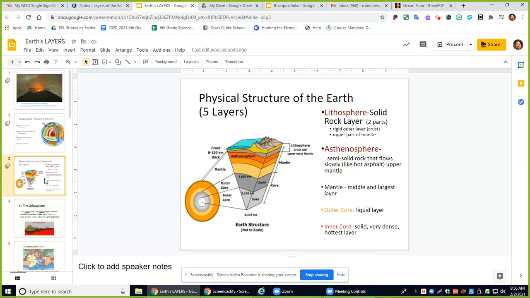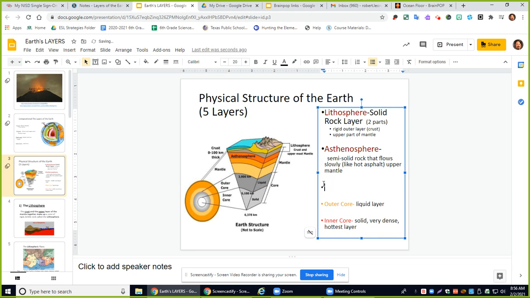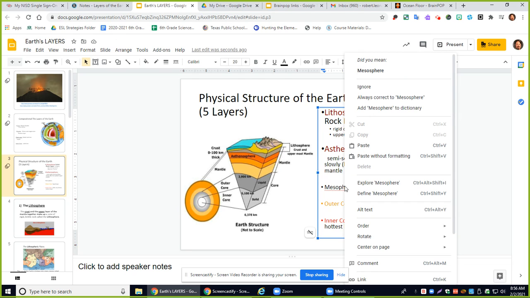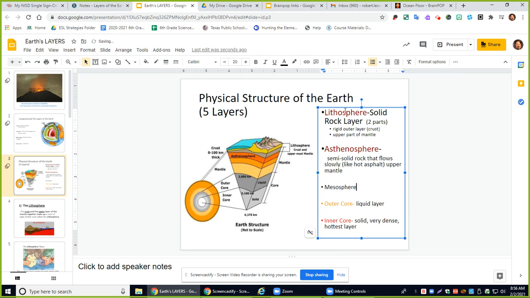So we can also divide the Earth into the physical structure. Okay, so the first layer of the Earth is the lithosphere. The lithosphere is the solid rock layer of the Earth. It's broken into tectonic plates.